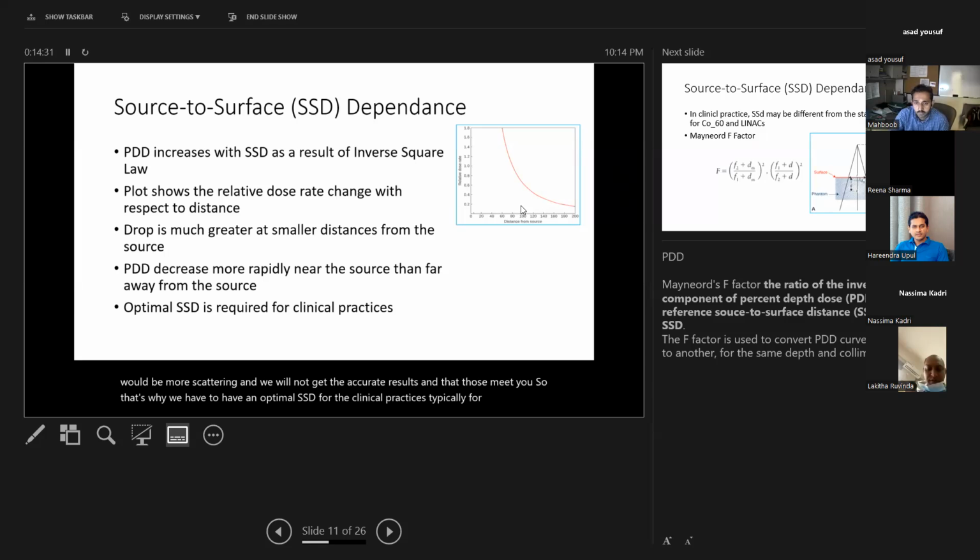Typically for cobalt 60 machines, 80 centimeter is used, and for higher energies, linear accelerators, the reference SSD is 100 centimeter.